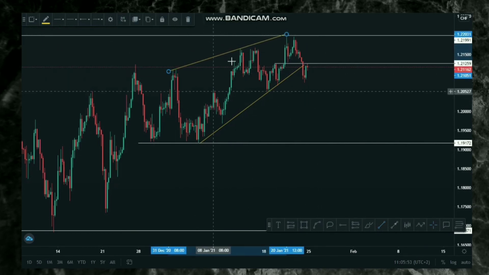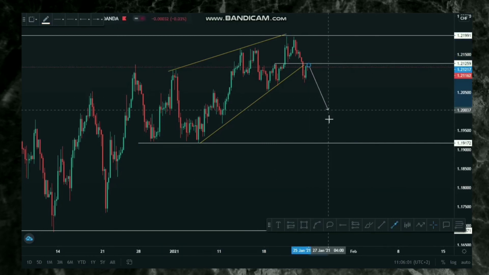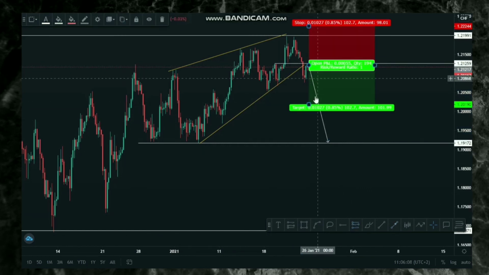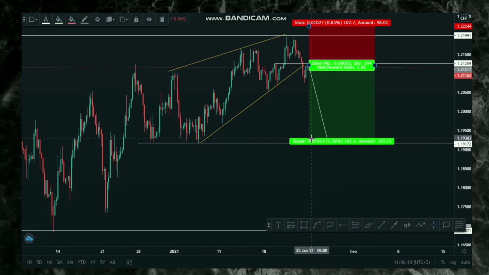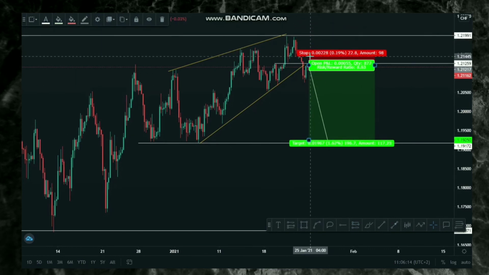So you can see it was a pattern being respected, but eventually it got broken, and here we're having a retest. So after a retest, we're expecting a push to the downside, meaning that we're gonna be having what? Selling opportunities from this level up until this level, with our stop loss being 200 points or 300 points before entry.